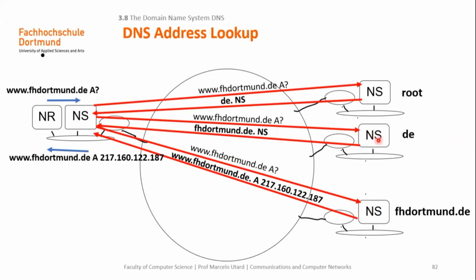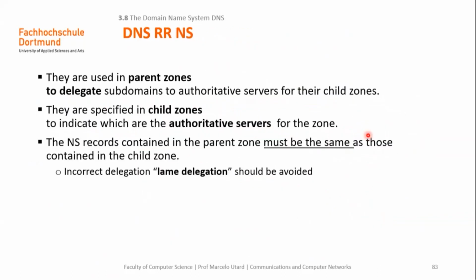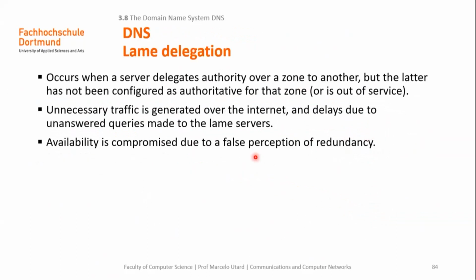But the other, for instance, is a former name server, and here we already changed this architecture and now have another name server, not the previous. And in that case, we will have what we call a false perception of redundancy, not only a problem of performance.